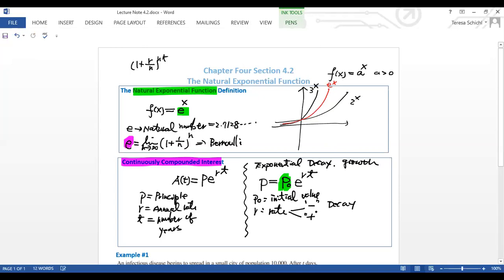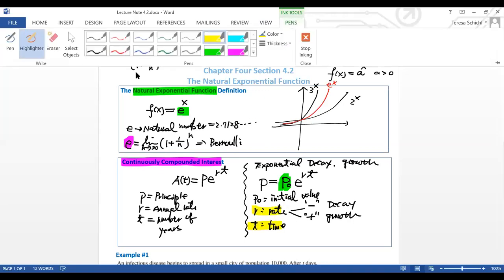And if it's positive, that means I have exponential growth. And then T is the time. Of course, the T and the rate have to match. So if the rate is an hourly rate, then T has to be in hours, right?